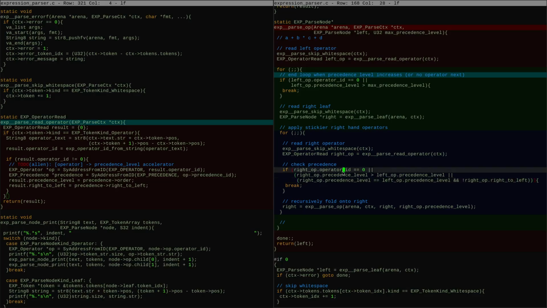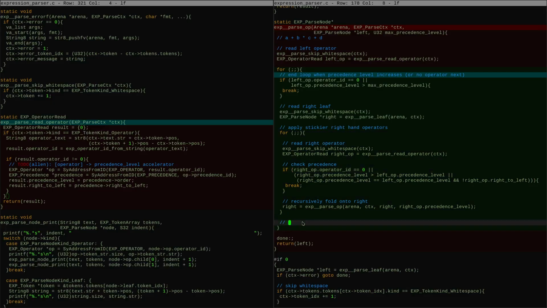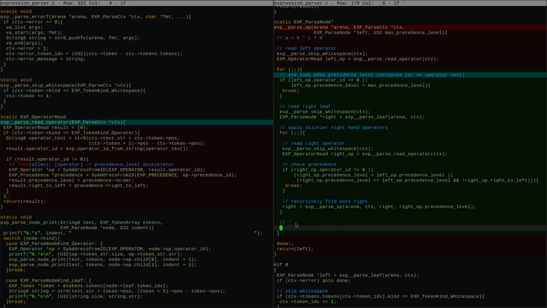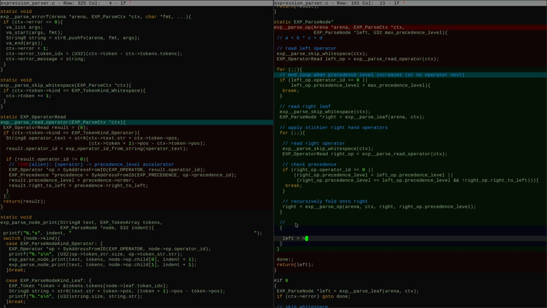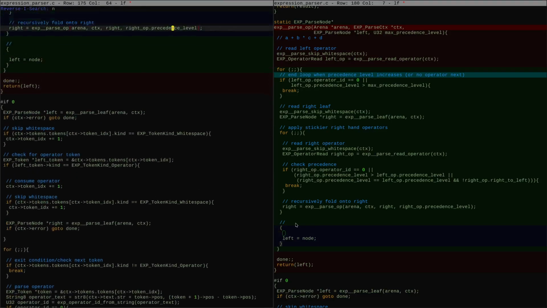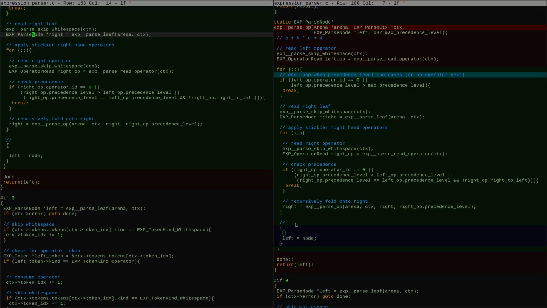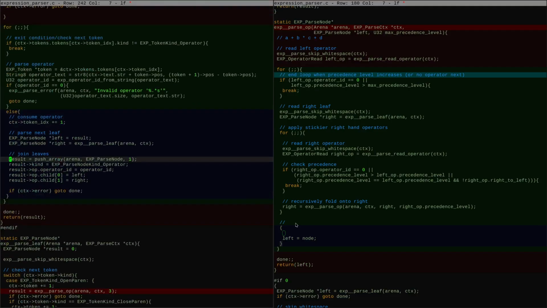So what this means, if we don't have a right hand operator, then we're going to be done. And so that would be like if we just had a plus b, no right hand operator. And so then left becomes, and this is where we just need a new node, right? We need like a new node. Like here.